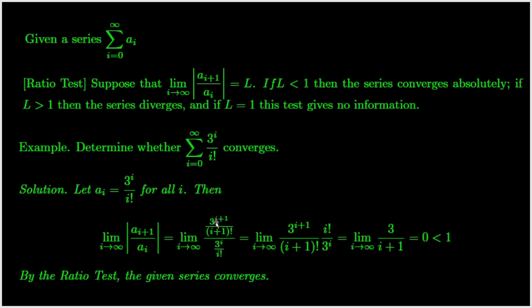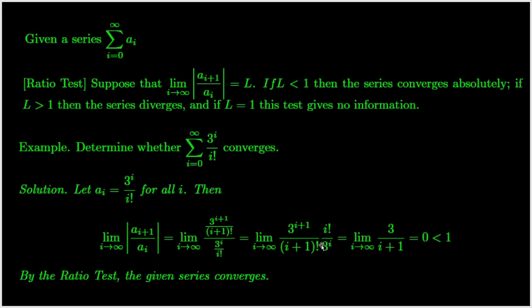Because all the numbers involved in the numerator and the denominator are positive, I can get rid of the absolute value notation, right? And then simplify a little bit. You interpret that big bar as a division. You invert and multiply.